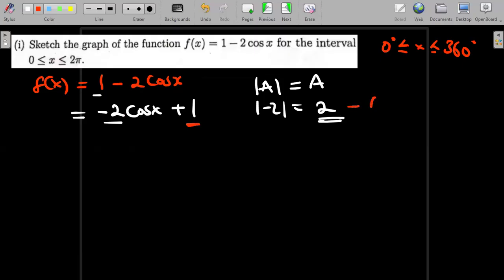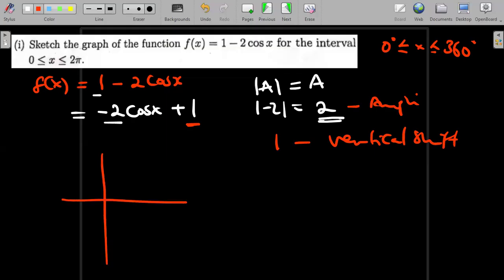So this is the amplitude we're talking of, then the 1 there is the vertical shift. The vertical shift is where our graph is going to be starting from. We were starting from 0 in this case, just passing through this point 0.